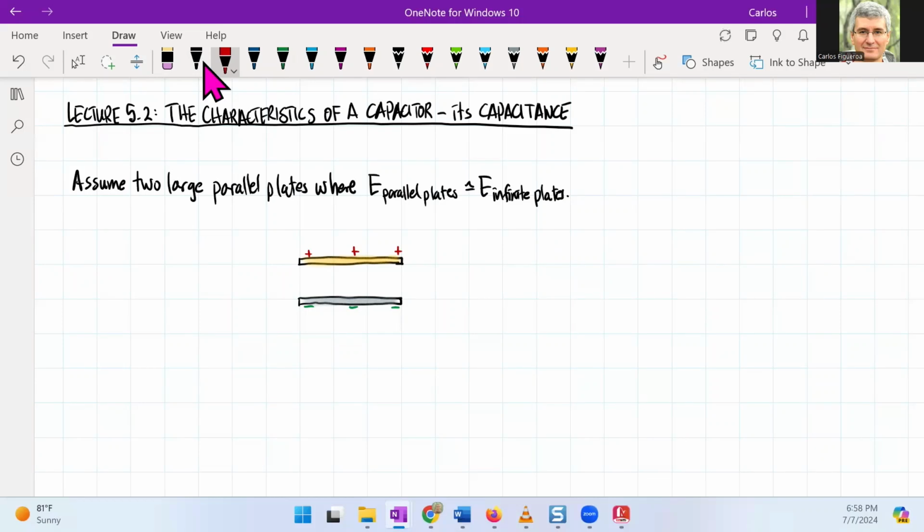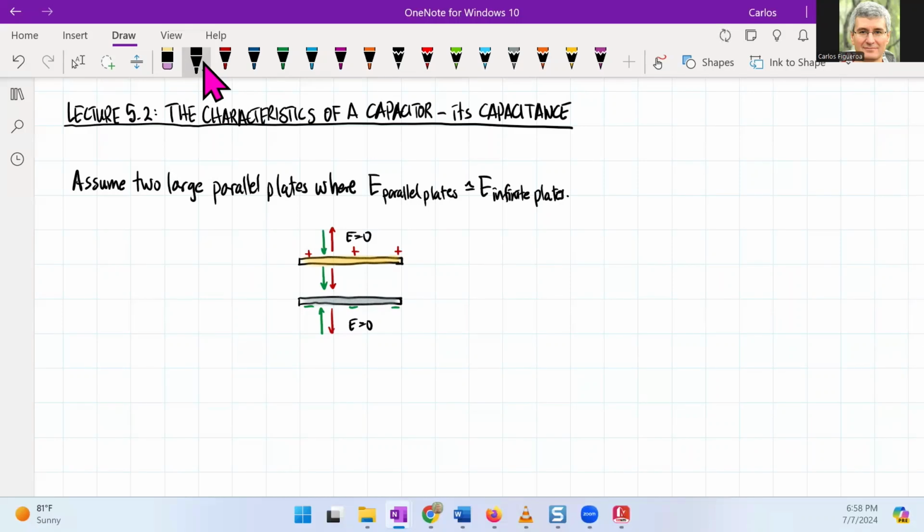So in other words, I have a positive field pointing away from the positive plate. The negative plate has field lines that point towards the negative plate. And right away, because they're the same size, you can see that the field here has to be 0. The field here has to be 0, but not true for the capacitor.